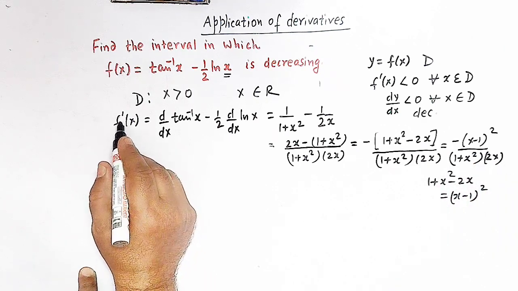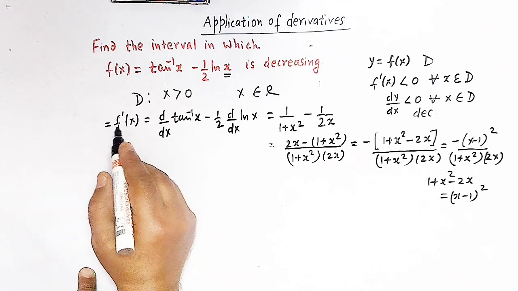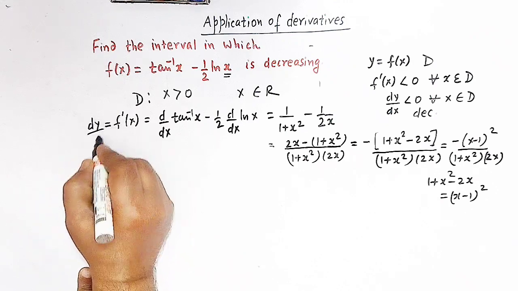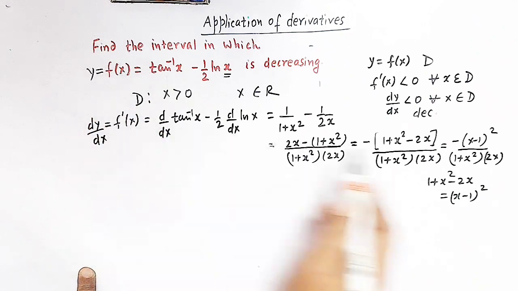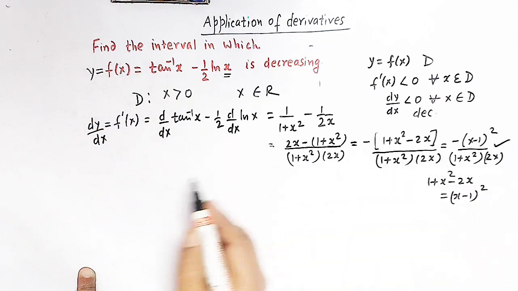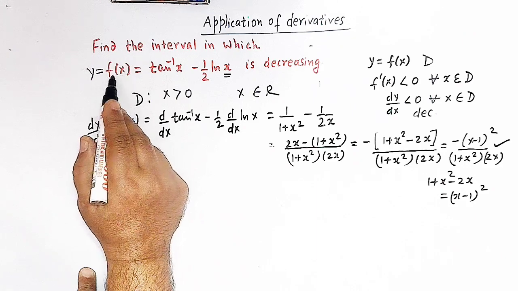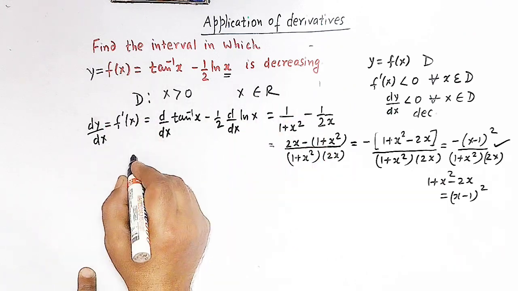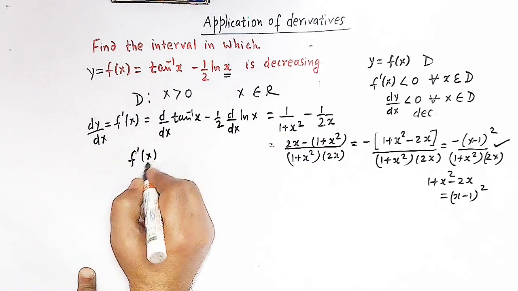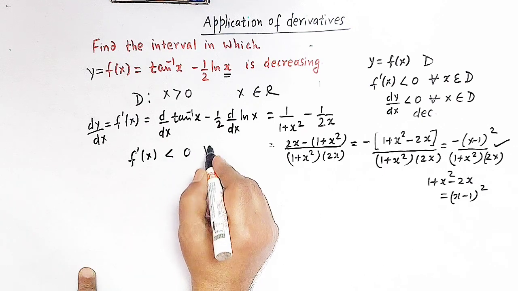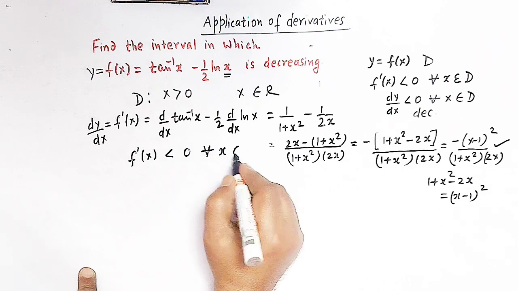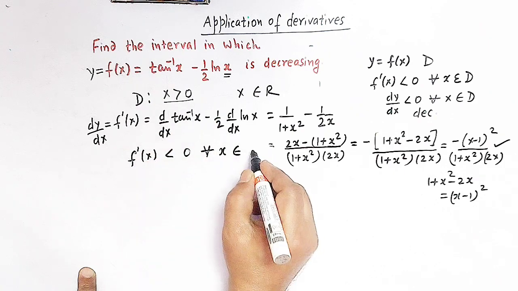So the expression for the derivative, that is dy over dx, or f prime of x, is given by this expression. So now this function is decreasing if the derivative f prime of x is less than 0 for all x belonging to the domain, right?